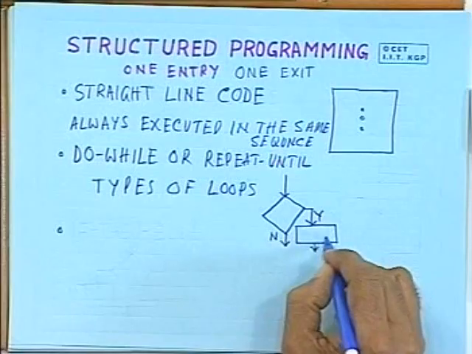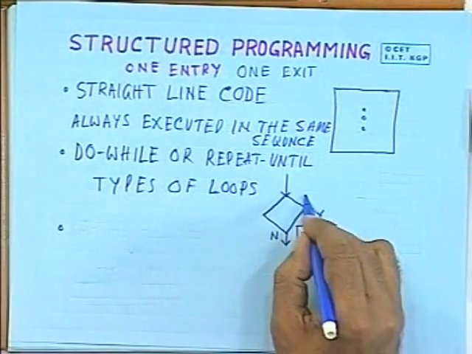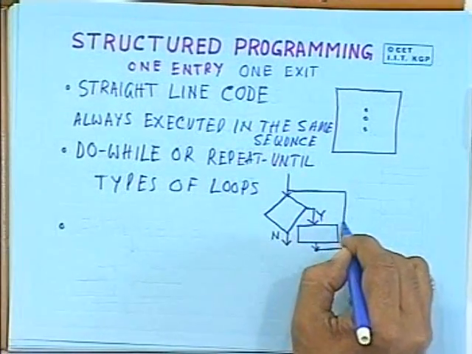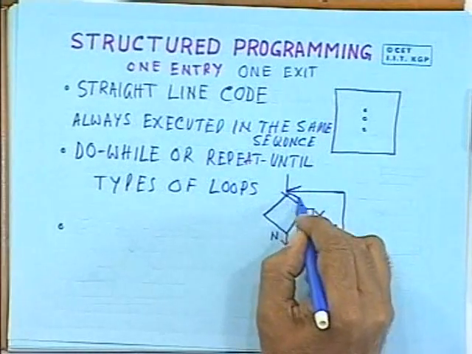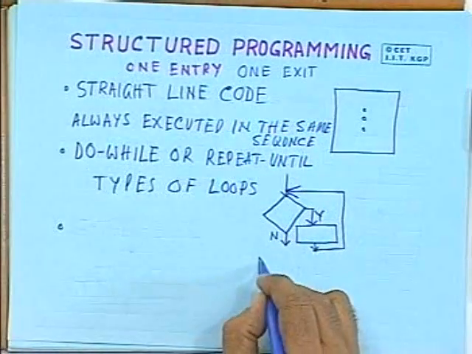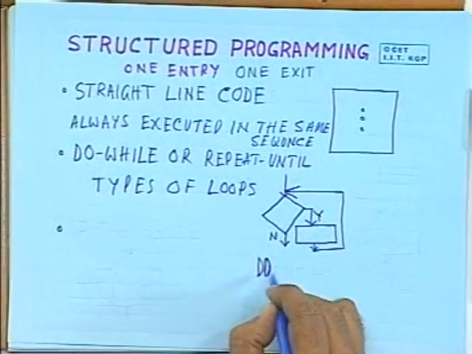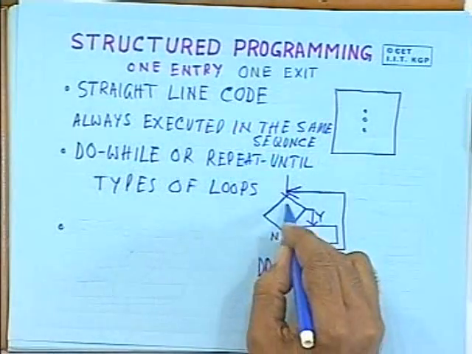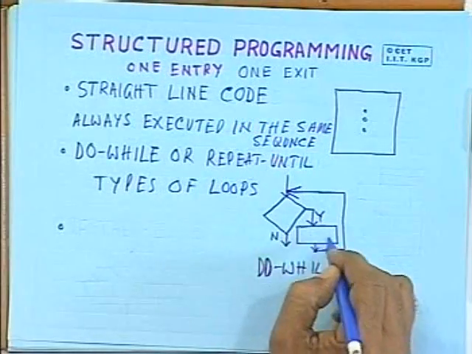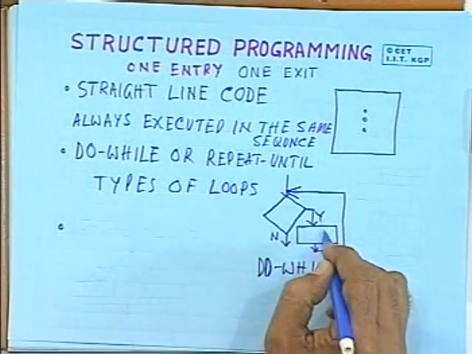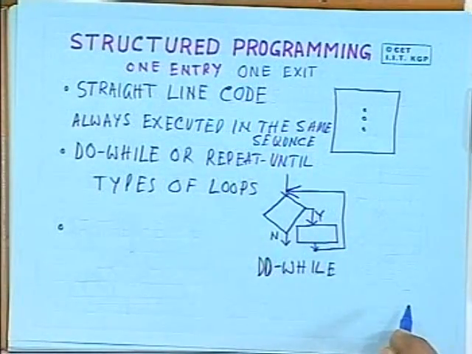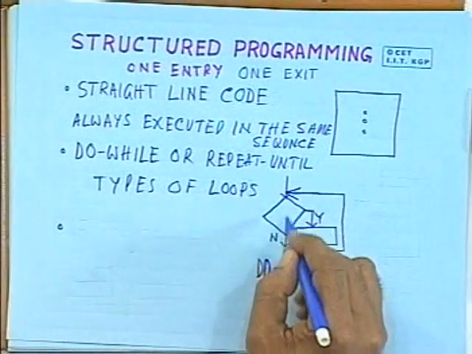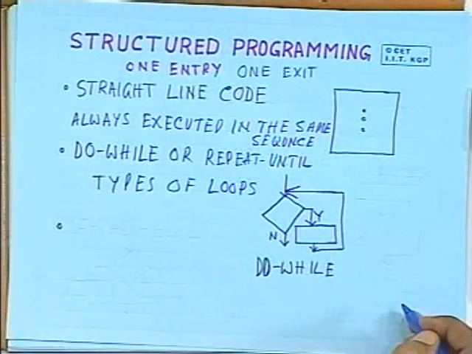After performing the subtask, it comes back to this point, so it keeps on looping. That's why it is do while: this subtask is performed as long as this condition is satisfied. So this has a single entry and a single exit point.